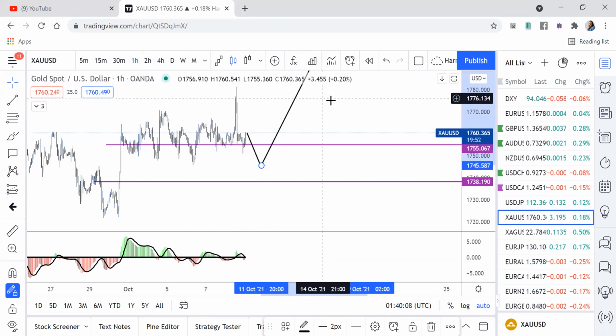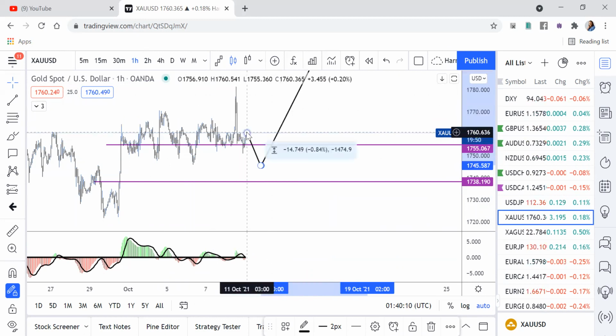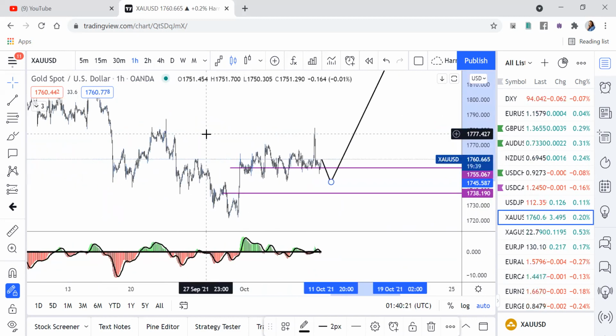So right now, I am not looking at buys as yet, but I am looking to buy gold eventually. All right, I just want to see it come into my area of imbalance some more, and then we could take a buy from there.